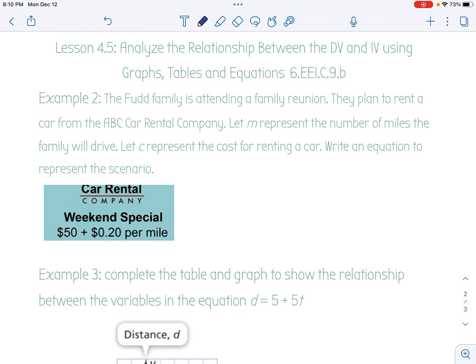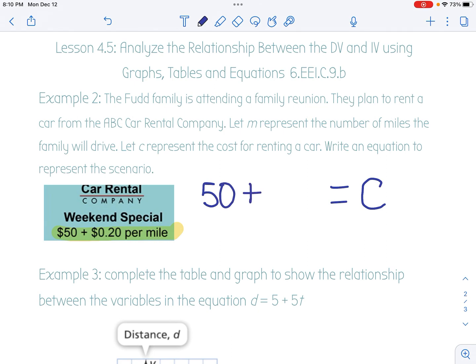So I know I'm going to put my cost after my equal sign because I need to figure out how much this whole excursion with renting my car is going to cost me. So I know my weekend special, it says $50 plus 0.2 or 20 cents per mile. So I know I have to pay right when I walk in the rental place, I have to pay $50.